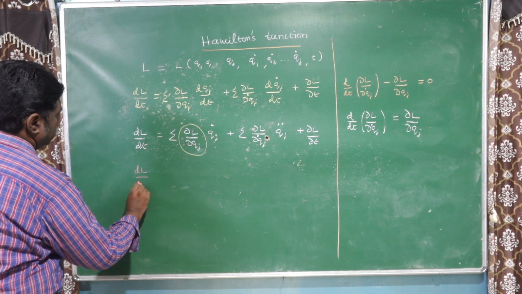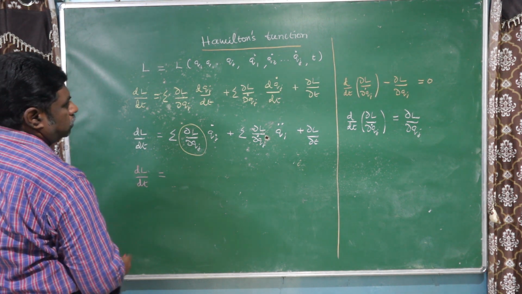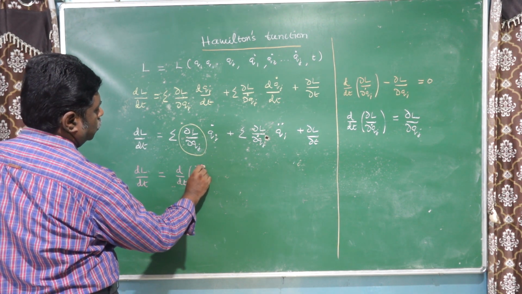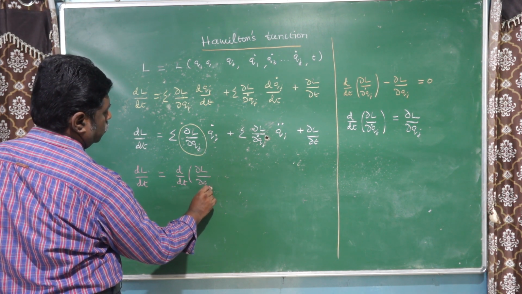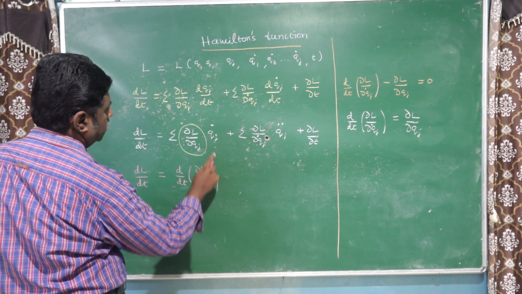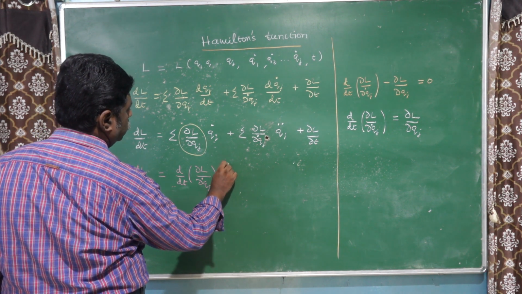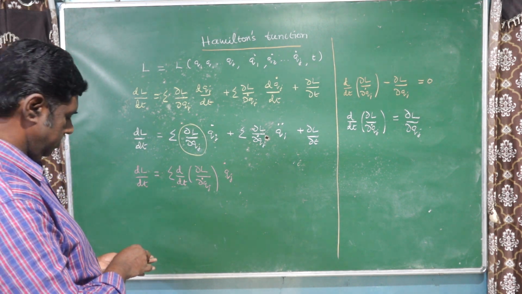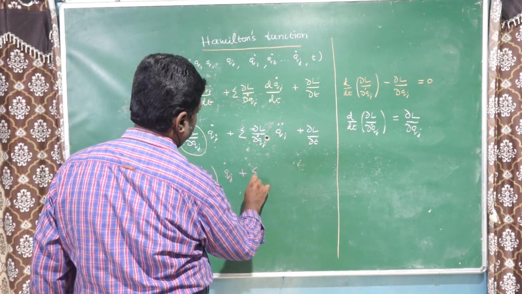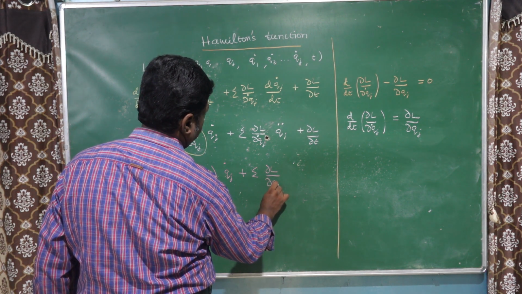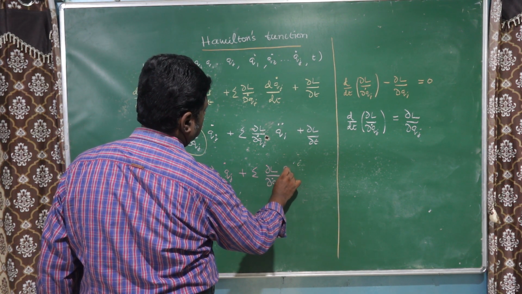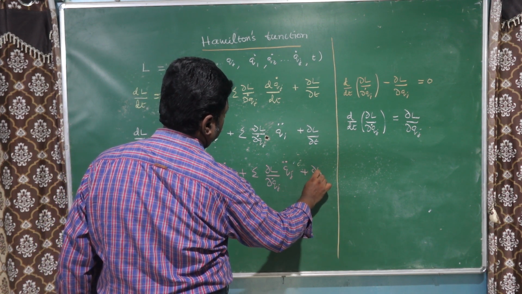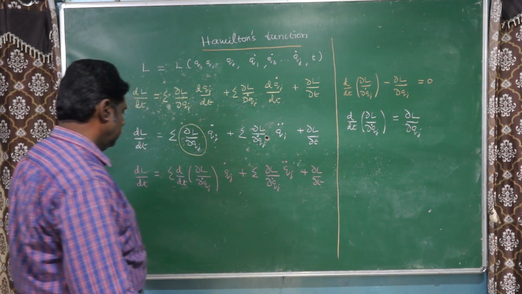This equation becomes dL by dt, which is equal to d by dt of ∂L by ∂qj single dot and this qj single dot. Here the summation is present as such, plus ∂L by ∂qj single dot into qj double dot plus ∂L by ∂t.